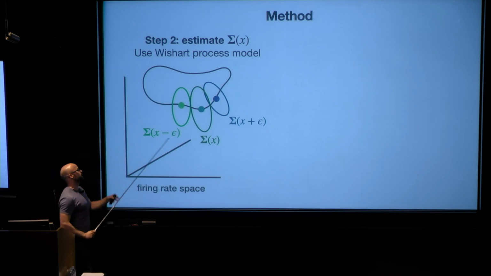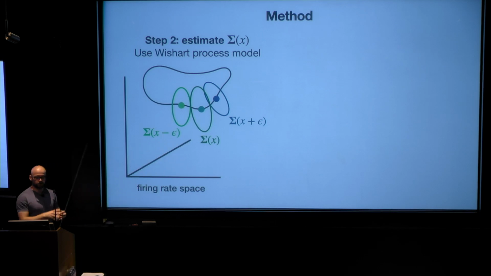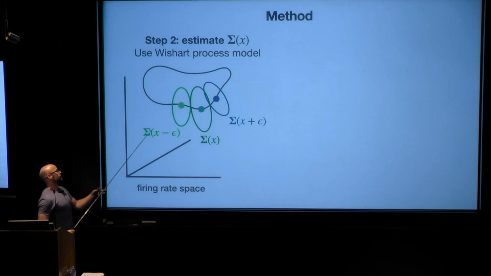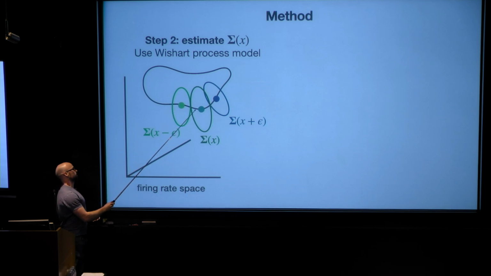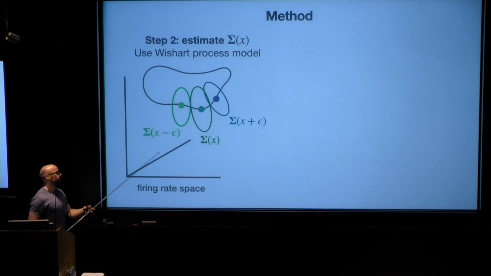A Wishart distribution is a way of specifying a distribution over a set of positive definite matrices, covariance matrices. A Wishart process generalizes a Wishart distribution so that the covariance matrices are actually a function of something, in this case, the stimulus x.